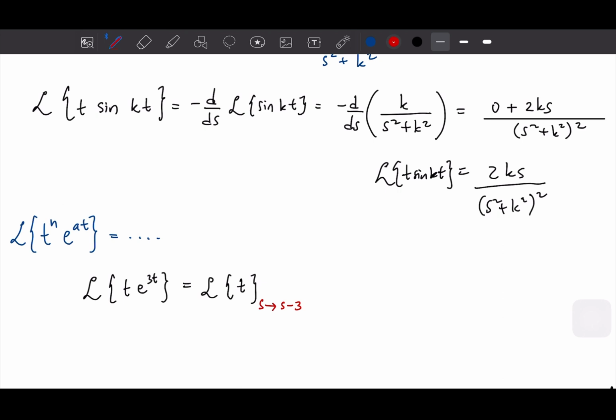So this is 2, then s minus 2, this is 4, s minus 4, and so on. So Laplace of t is 1 over s squared, and then we shift it, s becoming s minus 3. Then we can just substitute. So this will be equal 1 over s minus 3 squared.